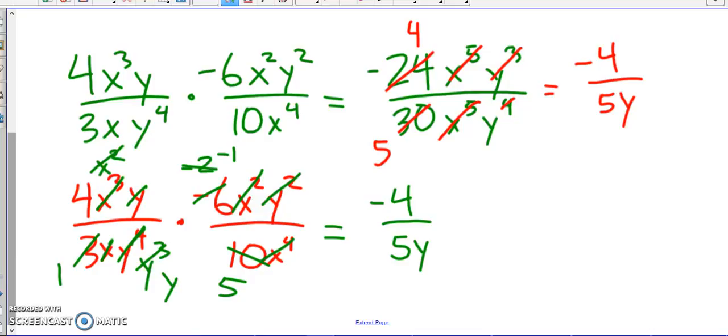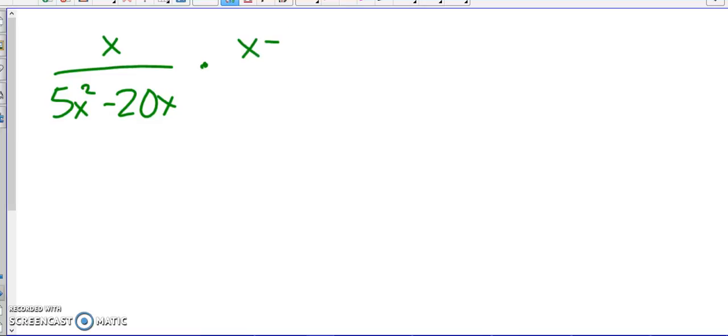Now this will help especially when we start getting more complicated problems. So let's say I've got x over 5x squared minus 20x times x minus 4 over 2x squared plus x minus 3.